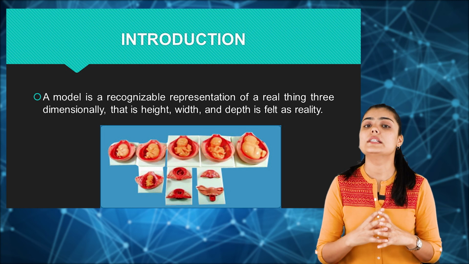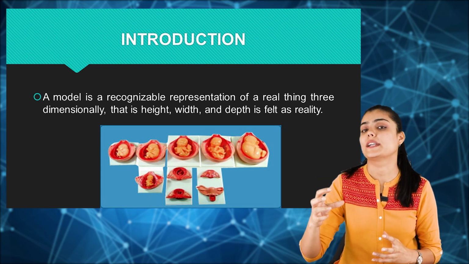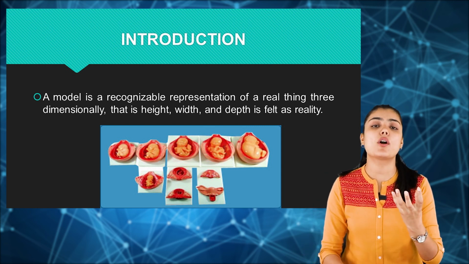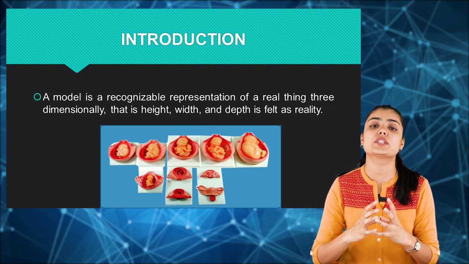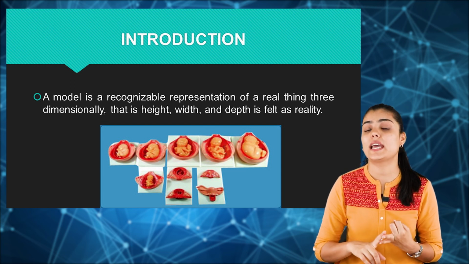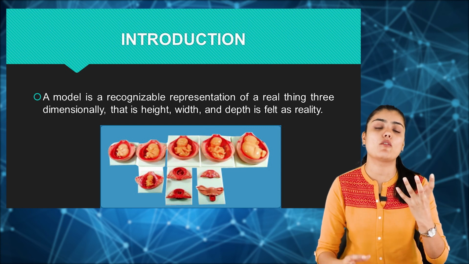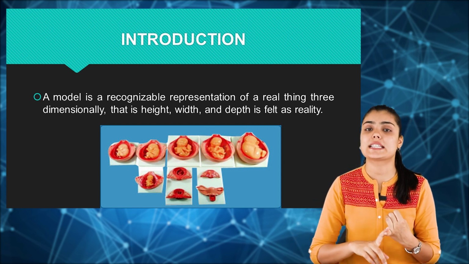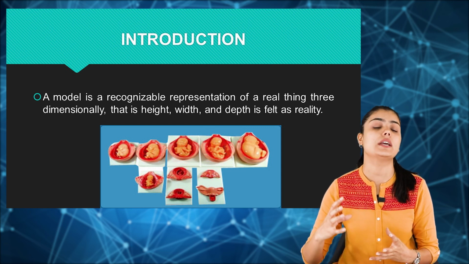A model is a recognizable representation of a particular object, of a particular thing. When we say model, it is a representation of a particular object which is usually three-dimensional, which means it has the height, width, and the depth, and it feels like a real object.